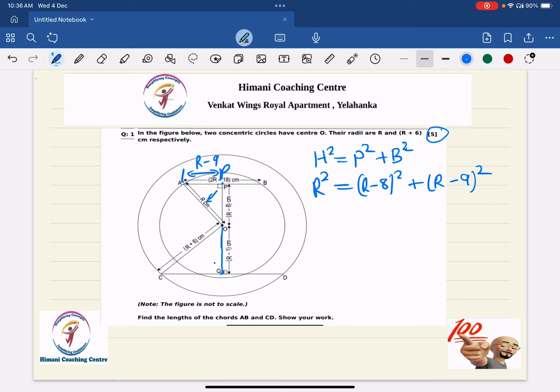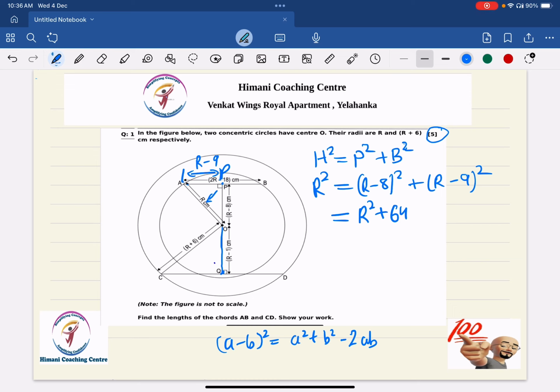Now, r minus 8 square and r minus 9 square, we will use which formula? A minus b whole square. And what is that equal to? It is equal to a square plus b square minus 2ab. So you just write this formula and simplify. So this would be r square. 8 is b here, so 8 square is 64.